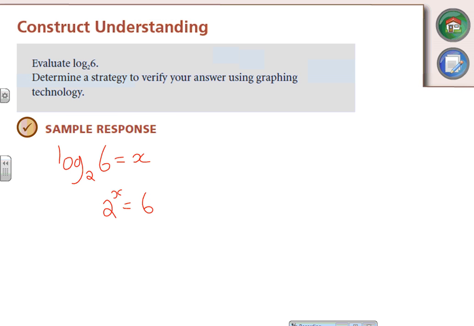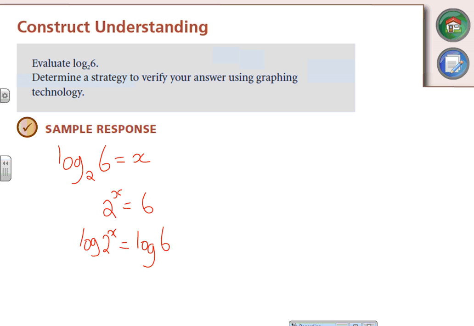Now I can multiply 2 to both sides, it'll still be equal. I can add 4 to both sides, still be equal. I can square root both sides, still will be equal. As long as I do the same thing to both sides of an equation, it will always be equal. I'm going to take the log of both sides, and it will still be equal. So log of 2 to the x equals log of 6.